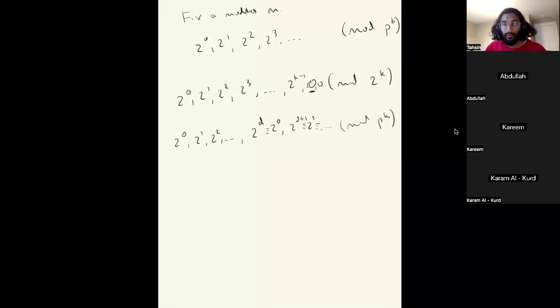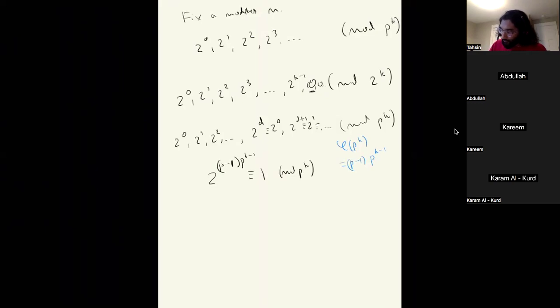Okay. And why is this true? This is true because of Euler's theorem, with phi. So phi of p to the k, this totient function, is p minus 1 times p to the k minus 1. So if I take 2 to the p minus 1 times p to the k minus 1, this will be 1 mod p to the k.